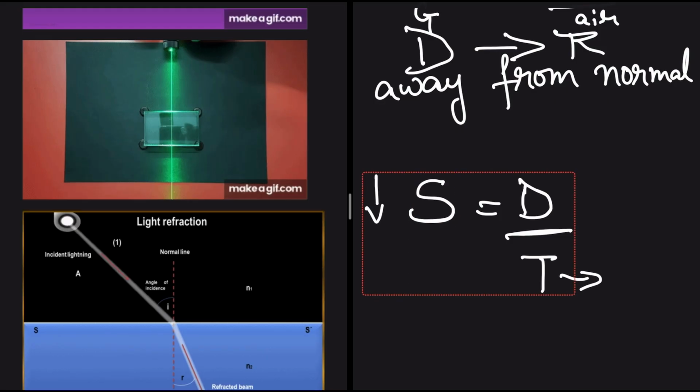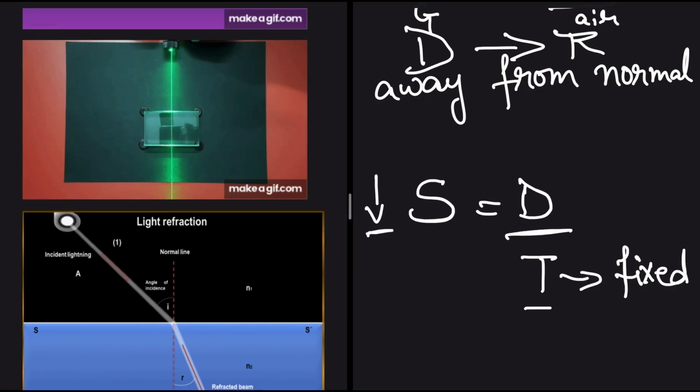Time here is fixed. What is time? Time is the time period of the light rays which are coming from the source. Now the source is fixed, whether the light rays are going in the rarer medium or the denser medium. So the time period is also fixed, it will not change, but the speed is decreasing as it goes from rarer to denser.